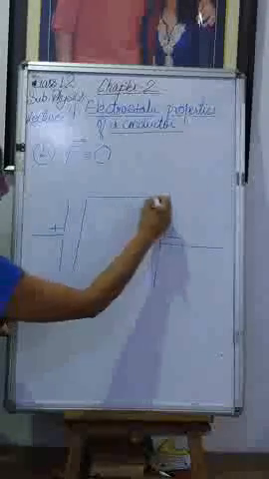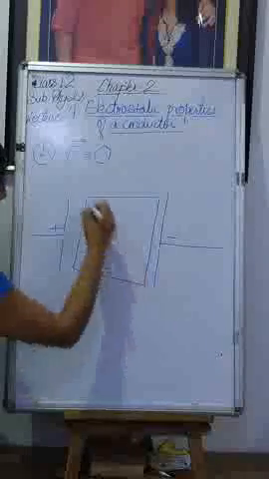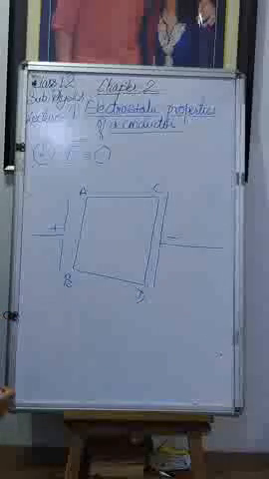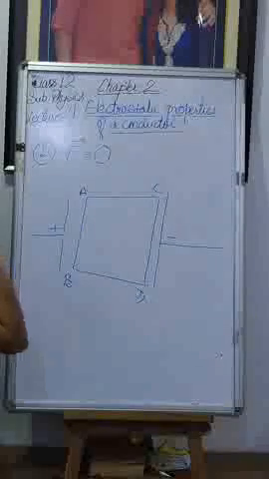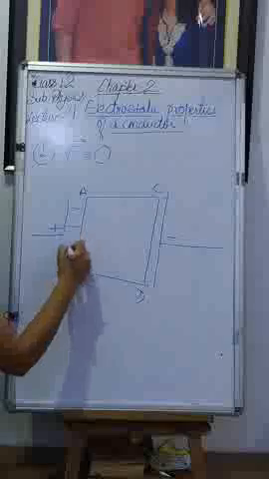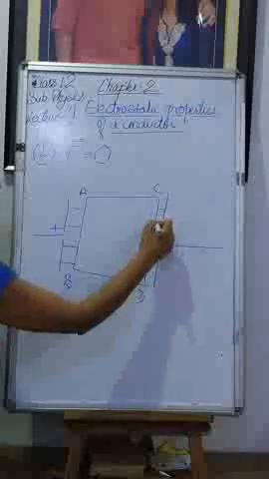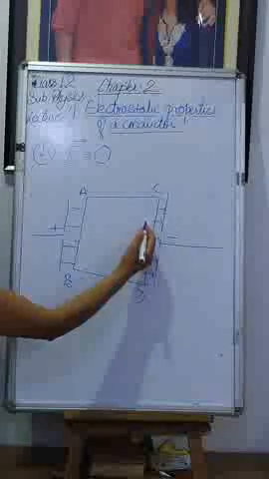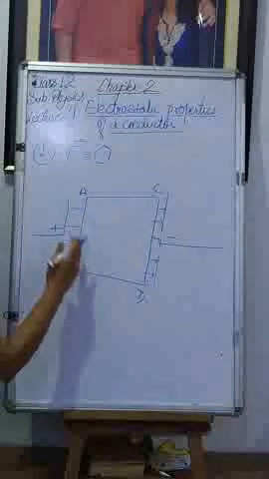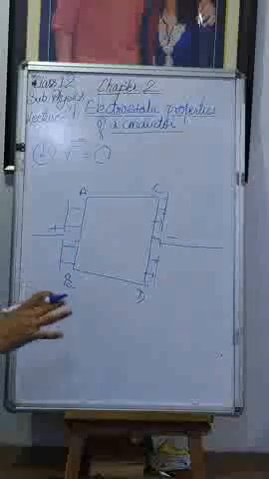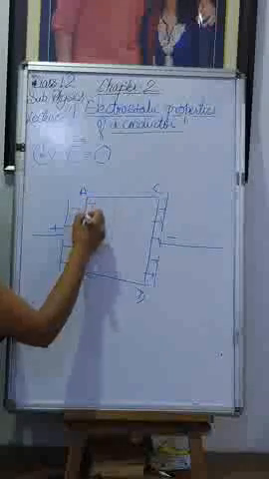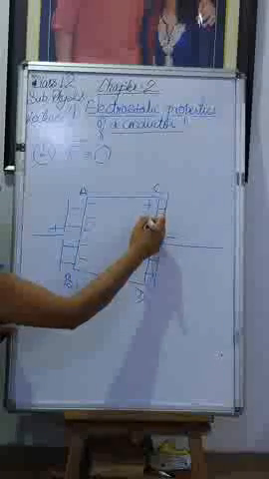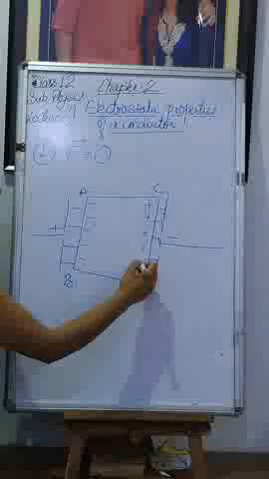This is a conductor with sides A, B, C, D. Due to the presence of this electric field, the electrons start moving opposite to the direction of the electric field. So negative charges are induced on side AB and positive charges are induced on side CD.